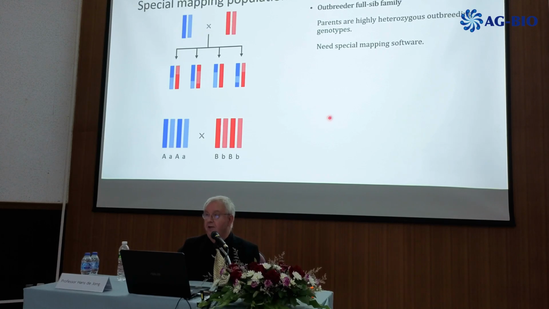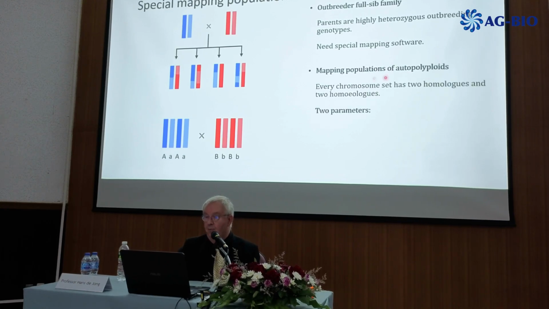And then the final thing, which I'm happy not to discuss today because it's a very complicated story, is the story of mapping populations of autotetraploids. I'm not talking about mapping populations of an allopolyploid, an allotetraploid, because they behave like a diploid, so you don't have the problem. But you have an autotetraploid like potato. Potato is a very well-known example.